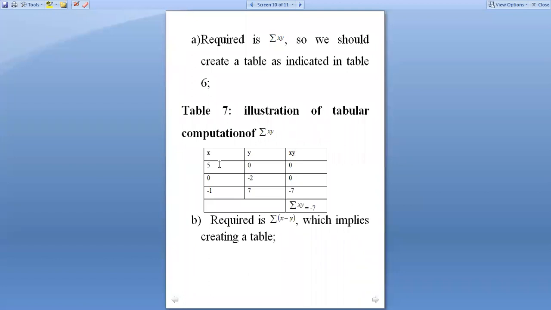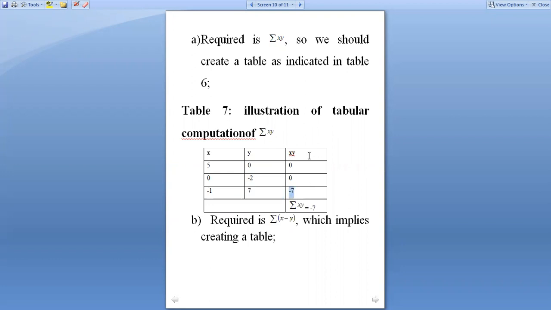So you simply multiply 5 times 0, you get 0. 0 times -2, you get 0. And then -1 times 7, you get -7.